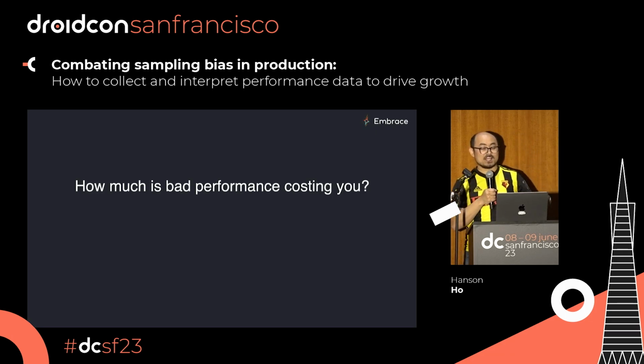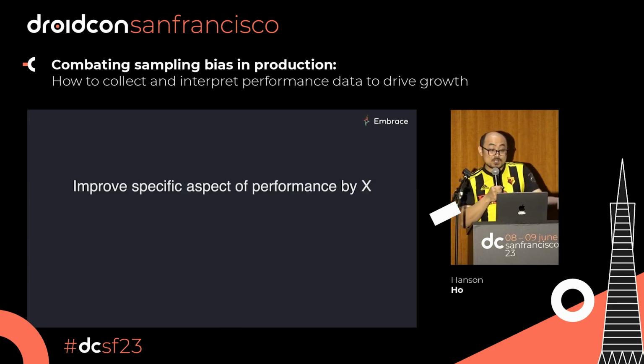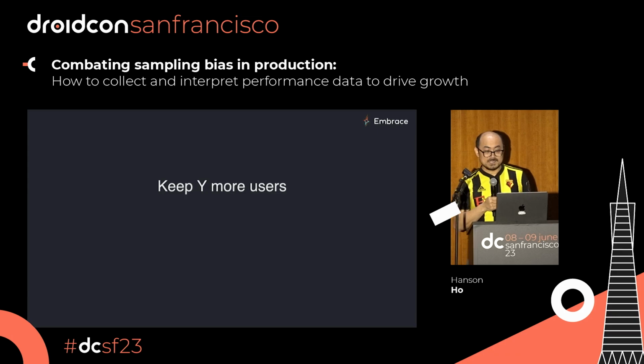How do you prioritize which perf bug to fix if you don't know how they affect the underlying user churn or some other core metric? You want to know how to improve a specific aspect by X in order to keep Y more users. You want to answer this as precisely and as correctly as possible. And good data, free, or at least a reduced amount of sampling biases, helps you with that.